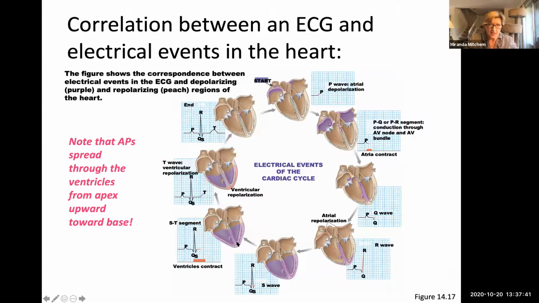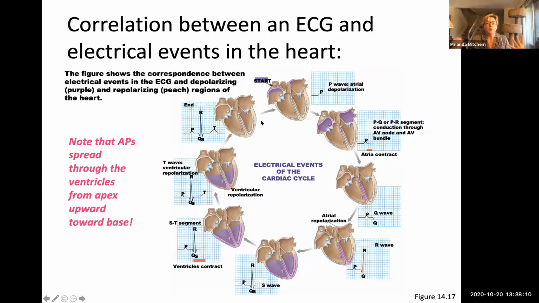Next, as the electrical conduction moves through the Purkinje fibers that are concentrated at the apex and then move up, our ventricles are contracting and we're having repolarization of the ventricles. You can see that little peach color here leading to the T wave. And finally, we get to the end and we're completely done.